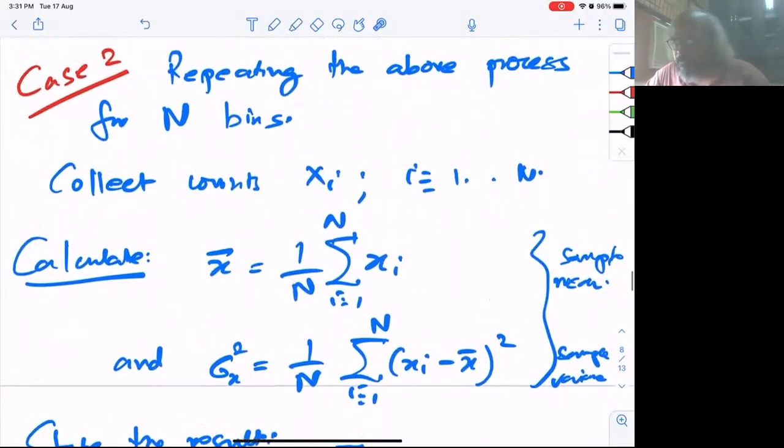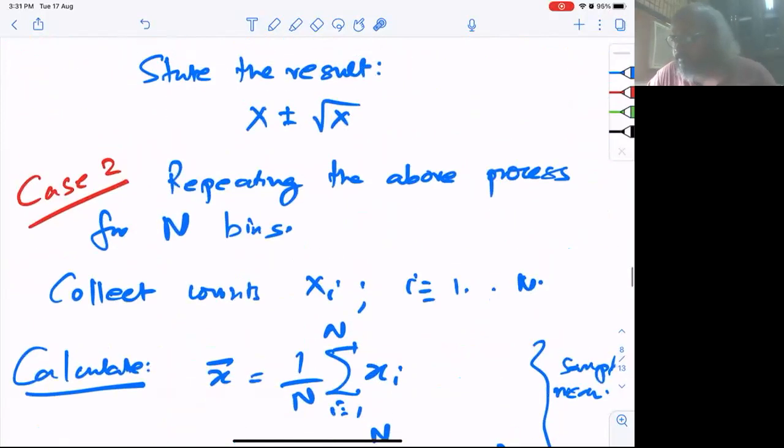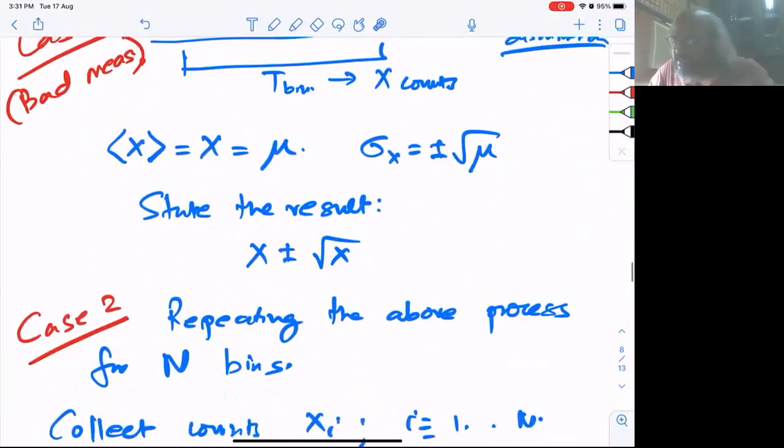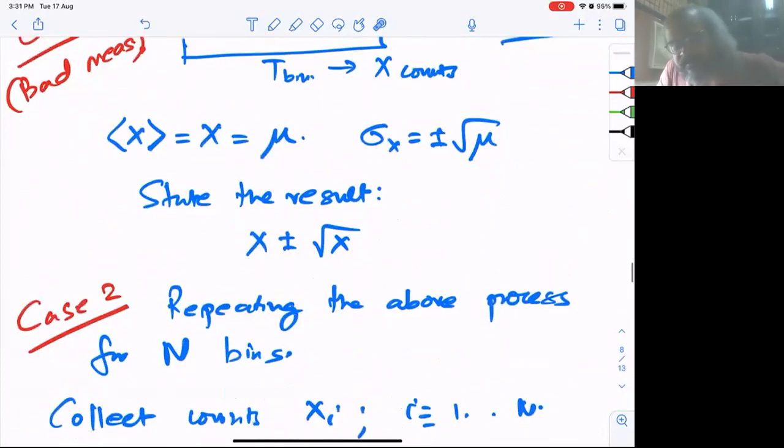So this is case 2, where you say, I'll do a little better. This is my time bin, but I'll now repeat this n times. So I'll have n such time bins, repeating the above process for n bins, and in each of these bins I get a count xi, and I have n such counts, i goes from 1 to n.